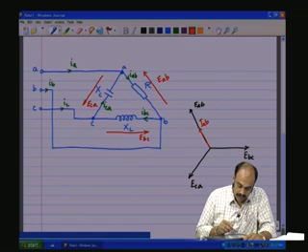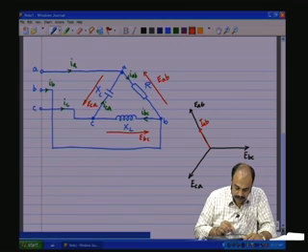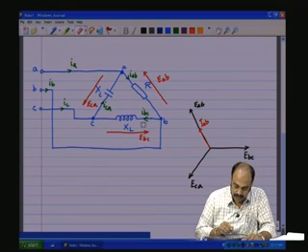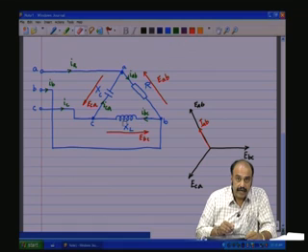Now, if you take the voltage BC here, and the load in the BC arm is an inductor, giving you an inductive reactance XL, what should be the nature of the current in terms of phase angle? We should see that the current IBC should lag the voltage across the inductor by 90 degrees, because it is a pure inductor.